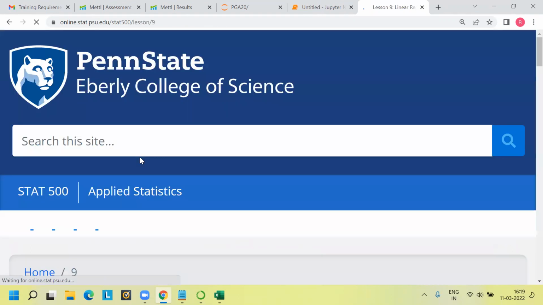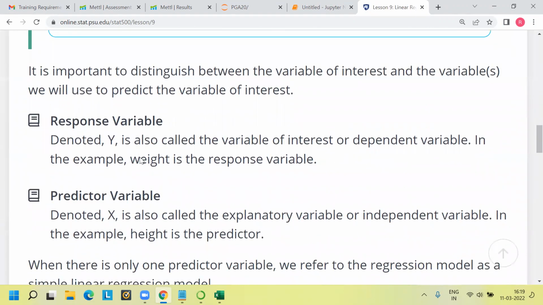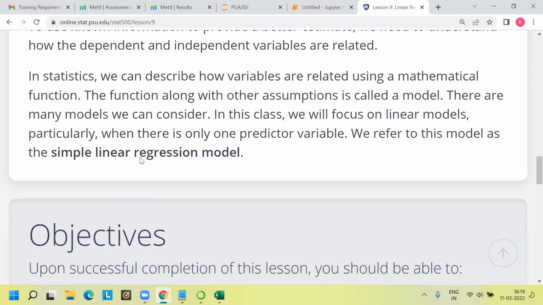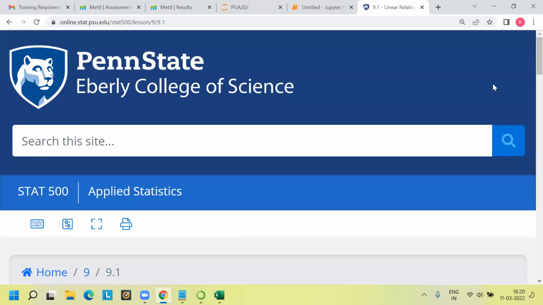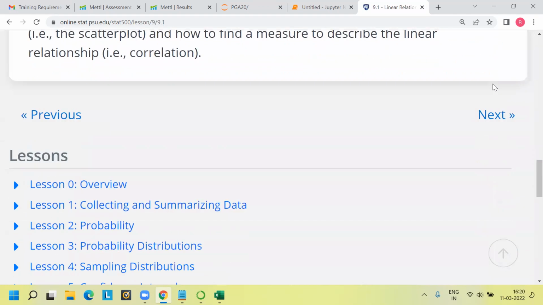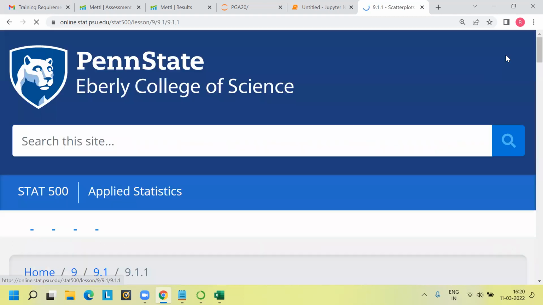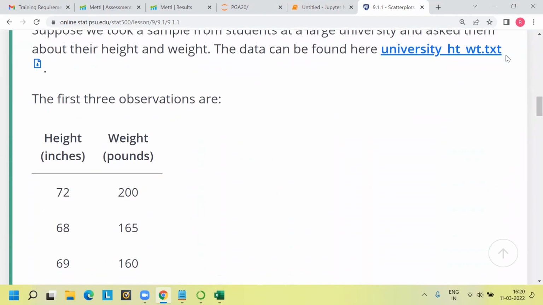Linear regression foundations, ఇది మీకు రిఫరెన్స్ పాయింట్ Stat 500. Step by step basic explain చేసుకుంటూ they go into deeper concepts. Penn State Stat 500.